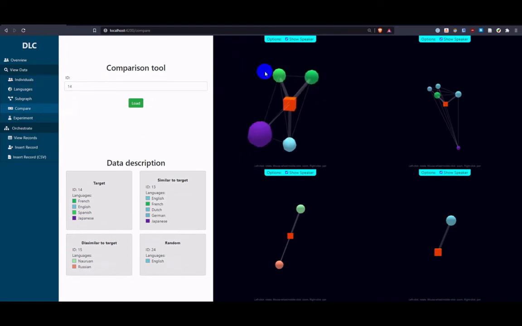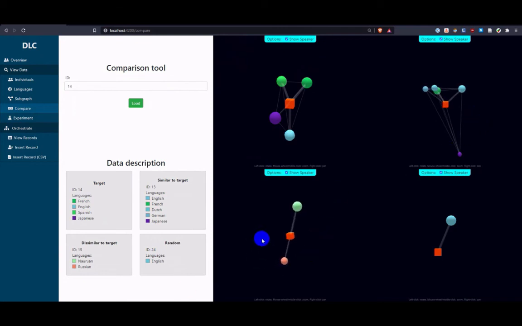So someone that speaks Spanish, French, Japanese, and English, with the closest available representation, so someone that speaks English, French, Dutch, German, and Japanese, with the most dissimilar representation, someone that speaks Russian and Nauruan, with another random baseline representation, which is someone that speaks only English.